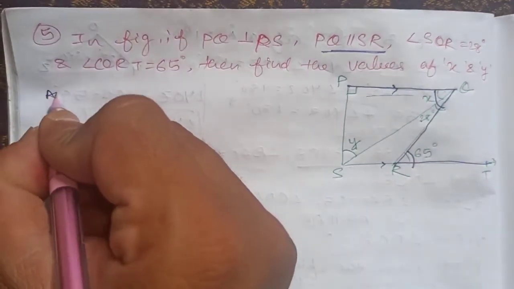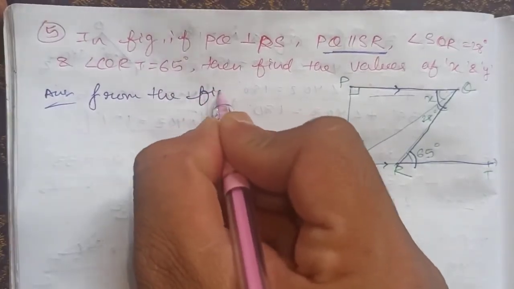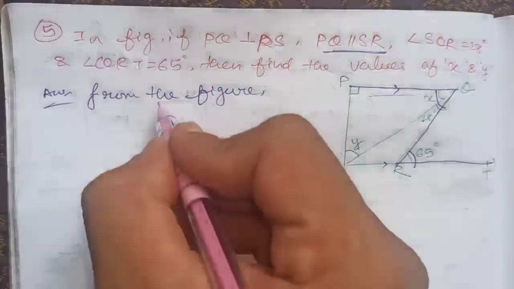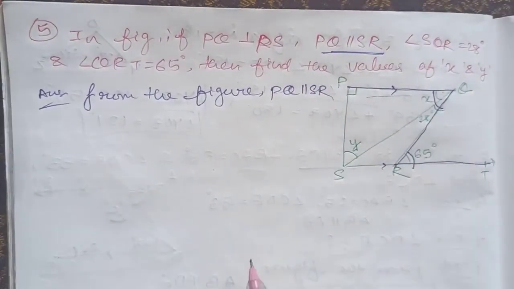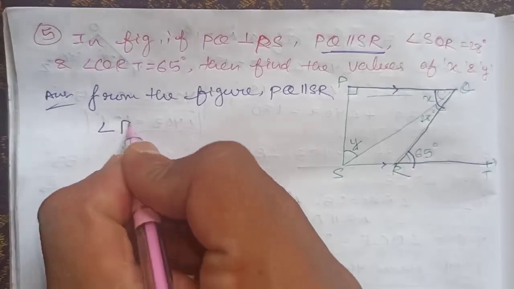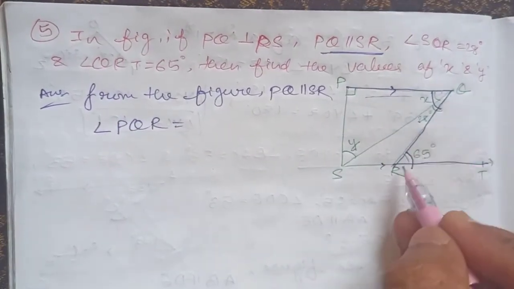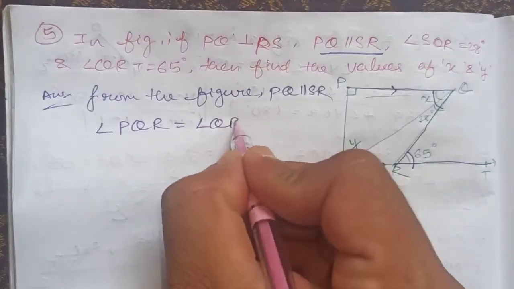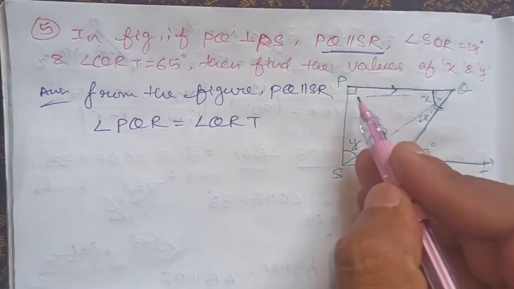So from the figure, PQ is parallel to SR. That's why angle PQR equals angle QRT.